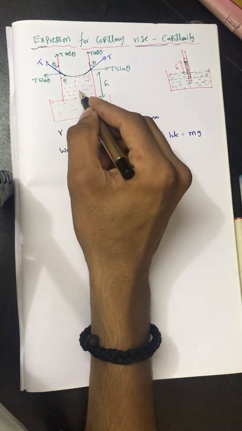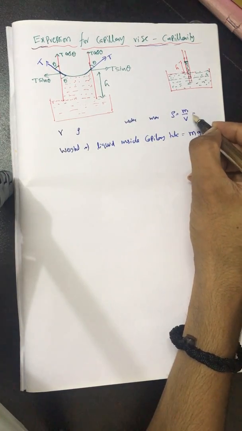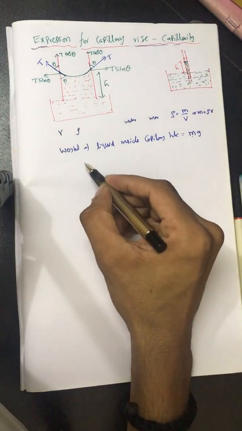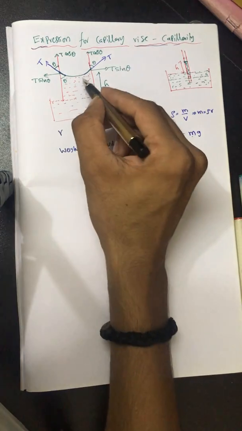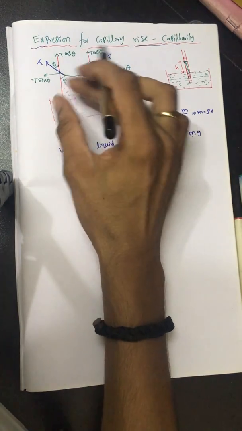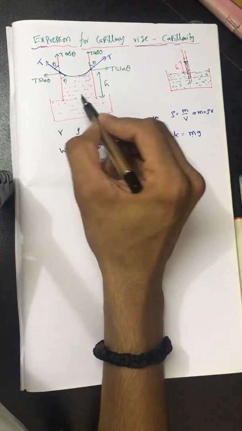I will write this mass in terms of density. We know that density is equal to mass by volume, and this implies mass is equal to density into volume. The volume is area into height, because this is the height, and this is the area of the cross section of the capillary tube.